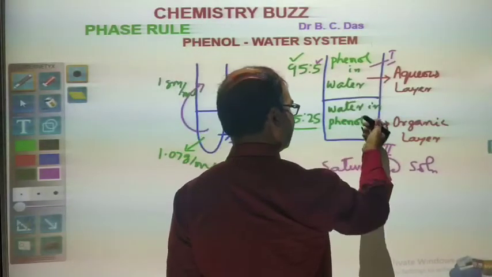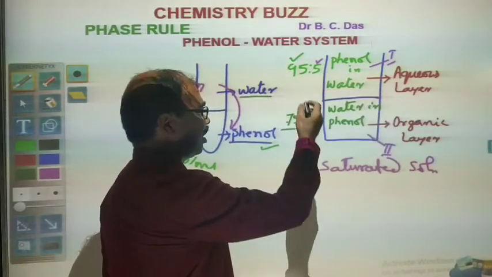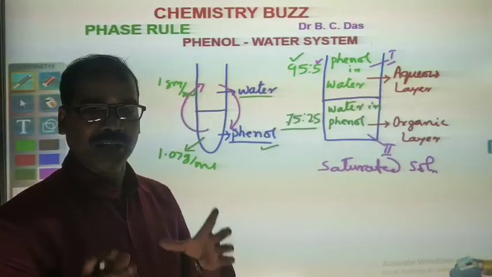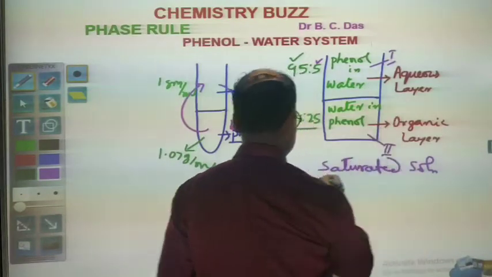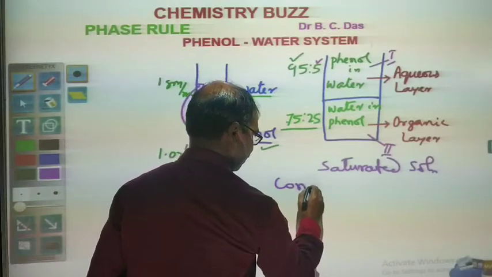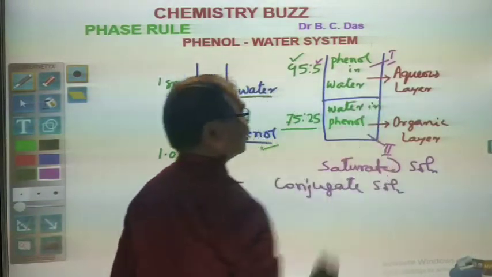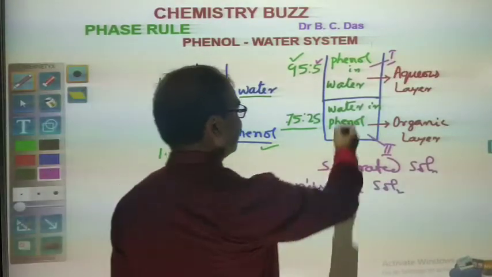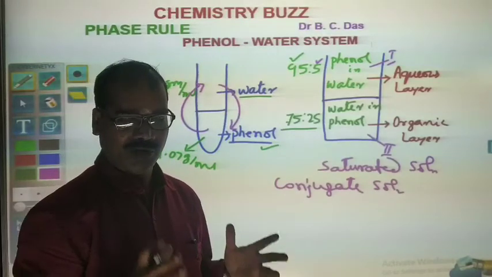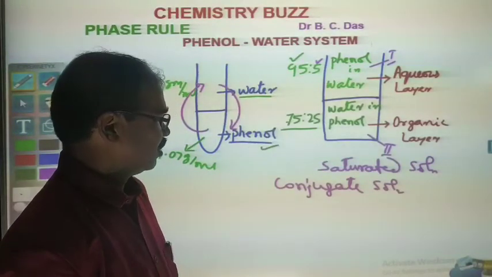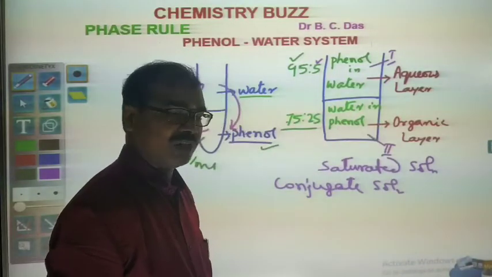So this is a homogeneous layer, this is a homogeneous layer, and the two solutions are at equilibrium at a particular temperature, and these two solutions are called conjugate solutions. Conjugate solutions. Okay? So these two solutions at equilibrium with each other at a particular temperature are called conjugate solutions, and these two solutions are saturated solutions.